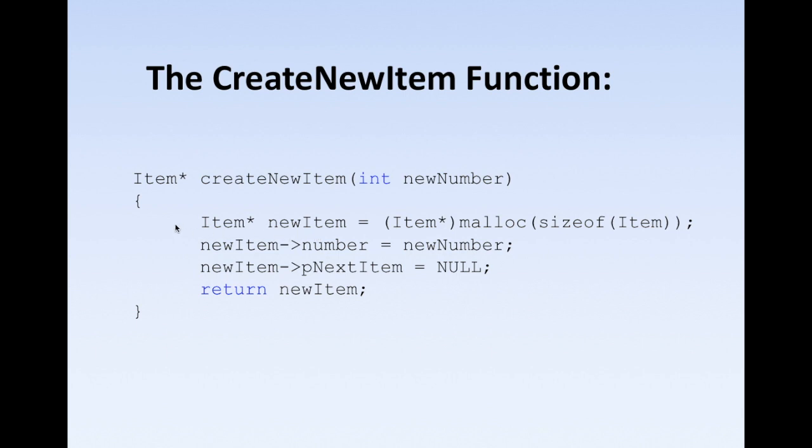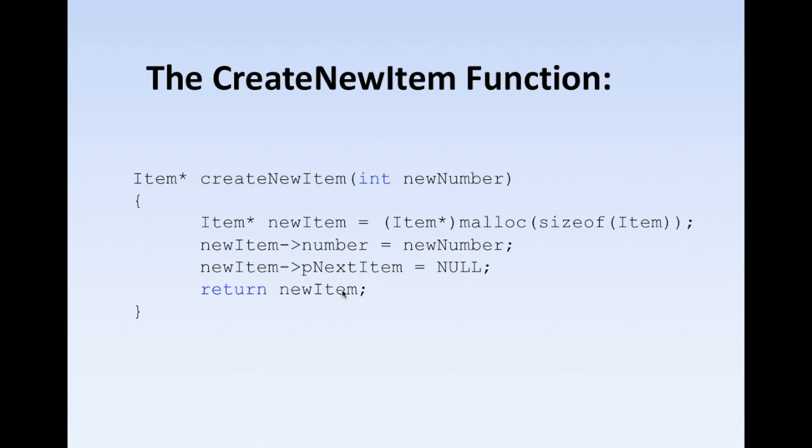I create the new item and reserve for it the size of item. So new item now is a pointer to an item, with the memory space of size of item reserved for it using the malloc function that we talked about. At the end of this function, I'm going to return this new item.